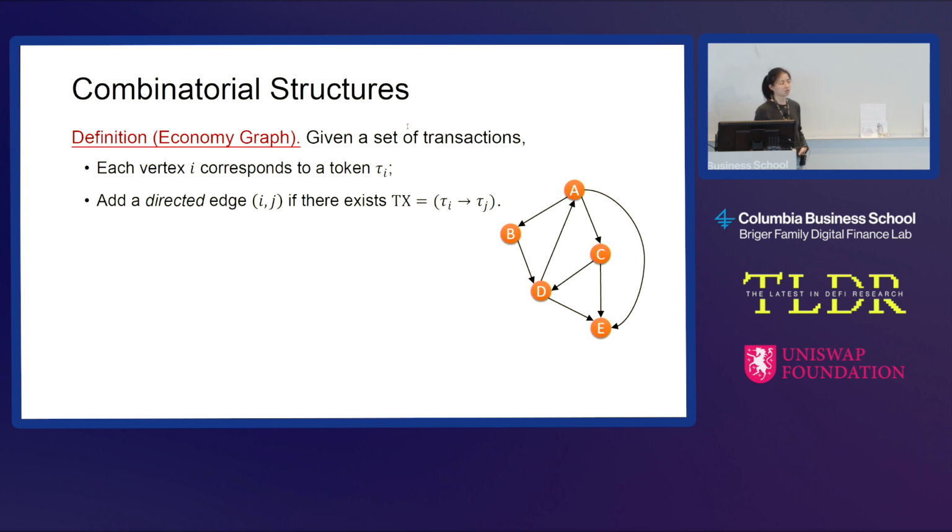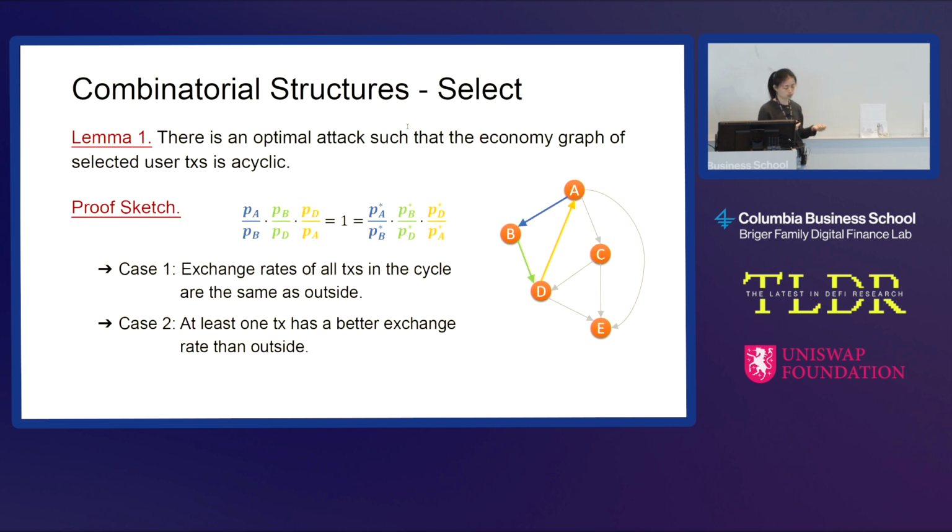And recall that our strategy space contains two parts: how to select user transactions and how to insert attacking transactions. Then our first combinatorial structure is about how we should select the user transactions. And we claim that there is an optimal attack in which the selected user transactions are acyclic.